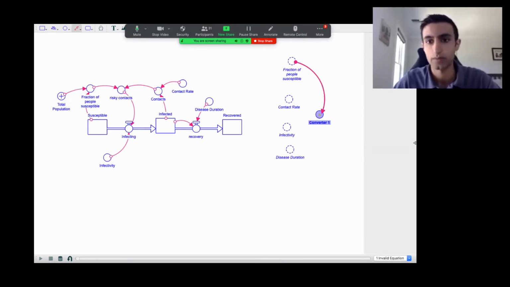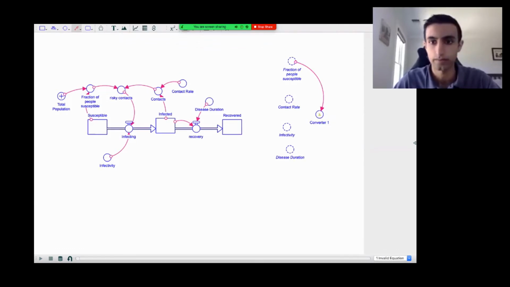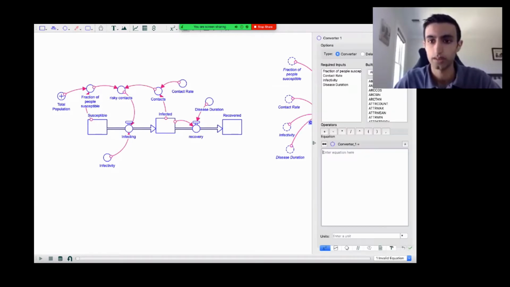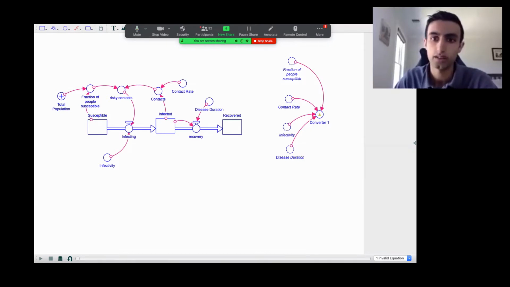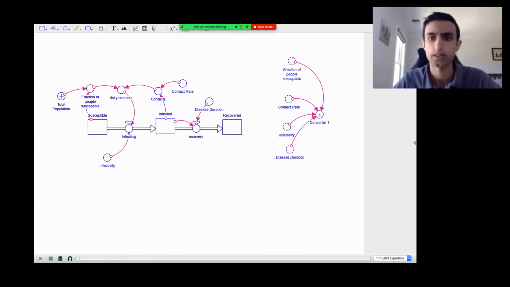And so that's a commonly used variable, but it's used by epidemiologists to determine how deadly a virus can be. So we'll just say that these dotted circles are just copies. They're just exact ghost copies of their counterpart variables.